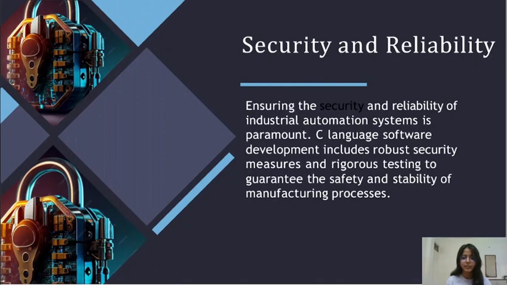Security and reliability. Ensuring the security and reliability of industrial automation systems is paramount. C language software development includes robust security measures and rigorous testing to guarantee the safety and stability of manufacturing process.